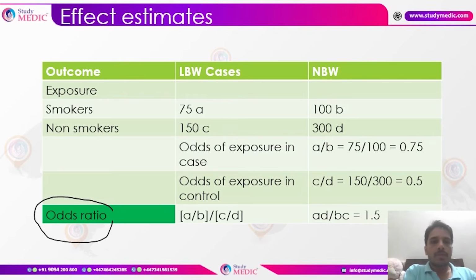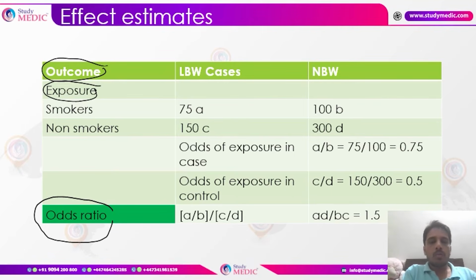What happens here is that the exposure data is taken and the outcome is seen, usually using a case control study. You can see 75 smokers had a low birth weight and 100 of the smokers had normal birth weight. And among non-smokers, 150 had low birth weight and 300 had a normal birth weight.